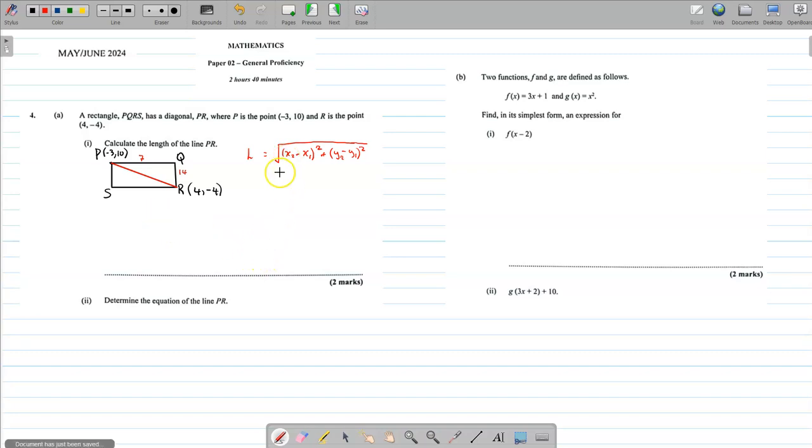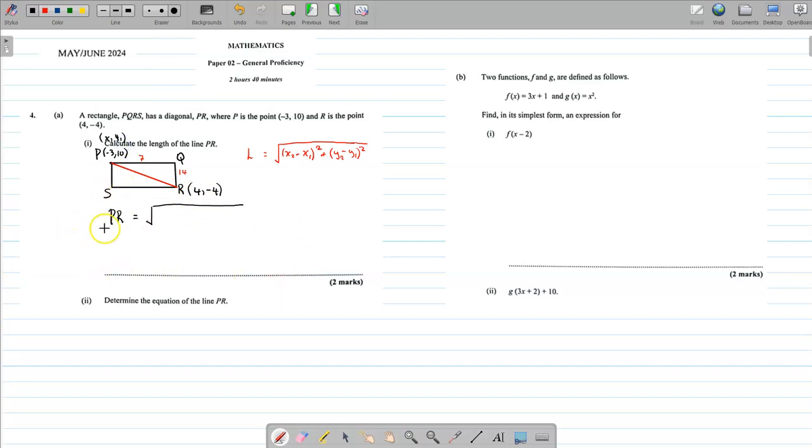So let's use the length of the line formula. PR would equal the square root. Let's label this as x1 and then that as y1. Let's write it down here.